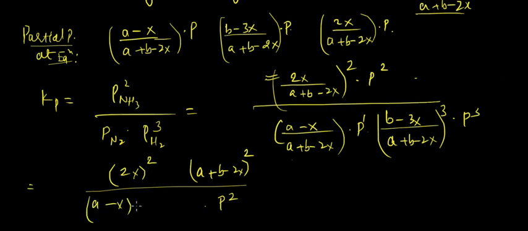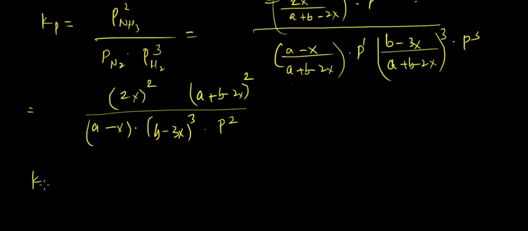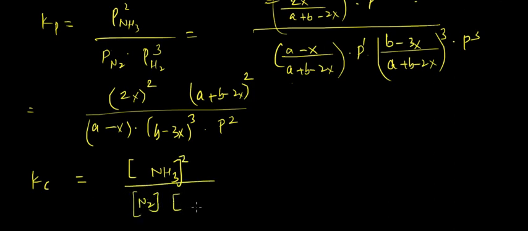A minus x multiplied with b minus 3x whole cube. Similarly, for Kc, we have concentration of NH3 squared divided by concentration of N2 and concentration of H2 cube.